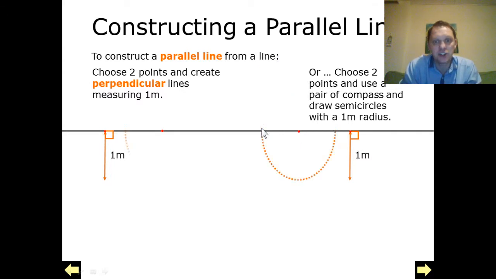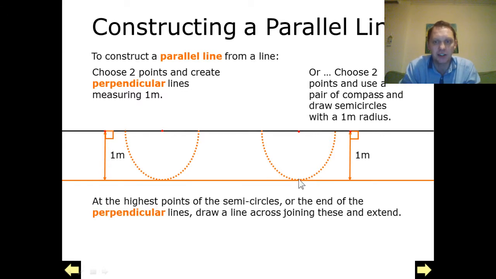Now, if you were to draw an arc, well, a semicircle at both of these 2 points, at the highest points of both of these 2 semicircles, if you draw a line going straight through, touching both of the semicircles, this would also create a parallel line which is 1 meter away.